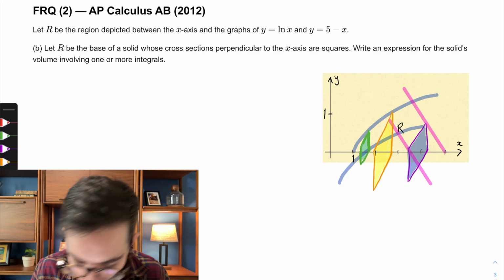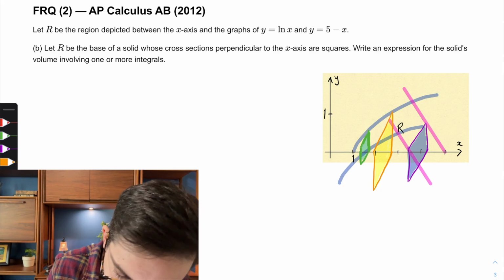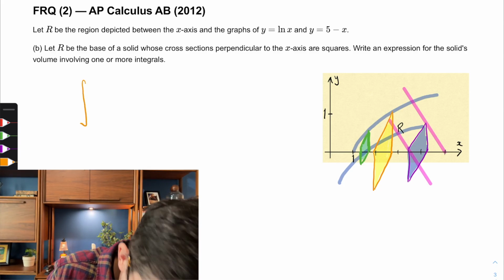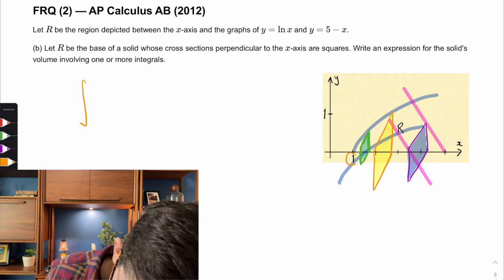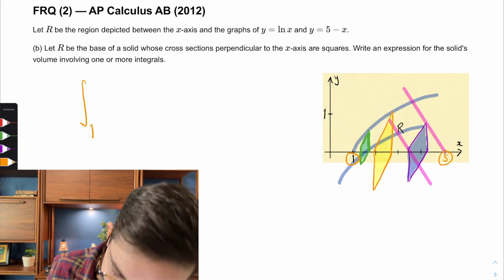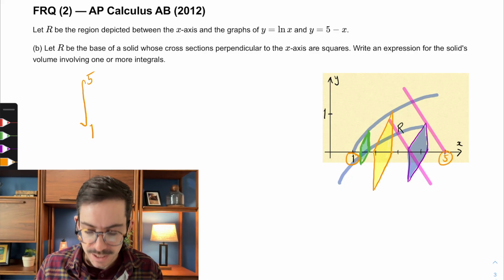So conceptually, as I integrate horizontally along the x-axis, we're going to get an integral from x equals 1 up to, remember, we figured out that was a 5 there. So those are going to be the limits of my integral.